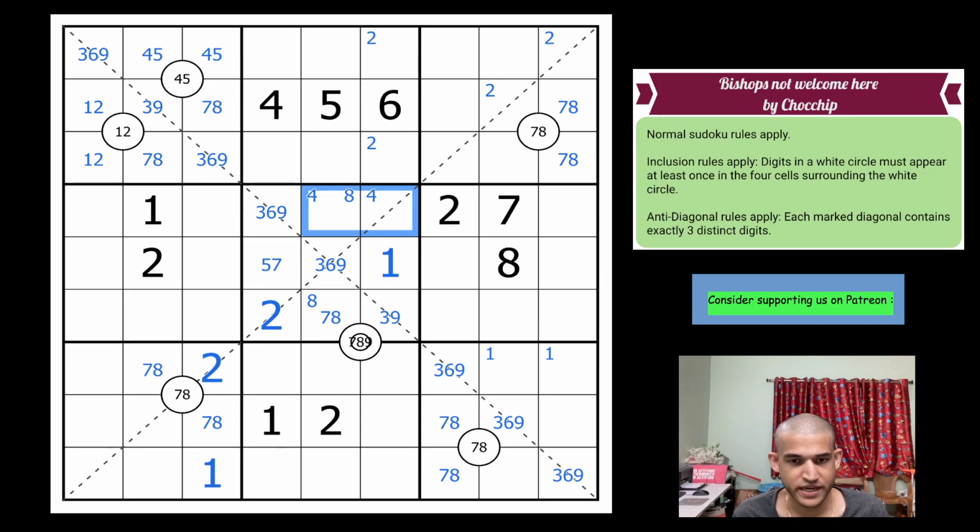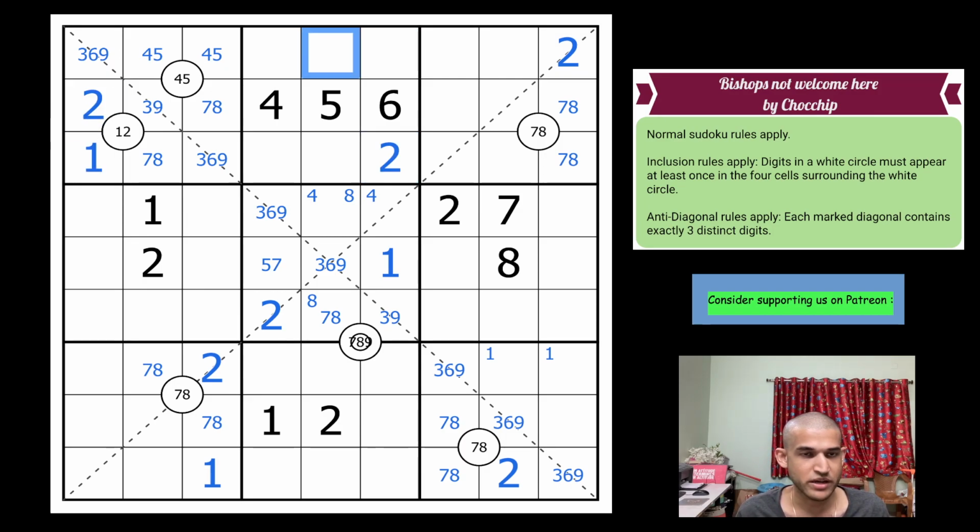Okay, 2 in box 9 can be placed here, and that also forces a 2 in this cell. That forces 2 in box 2, and that can be used to resolve this. Which gives 1 in these 3 cells, and that can be forced instantly. 1 goes here, and that puts a 1 here. So now 1 must be in one of these 2 cells.